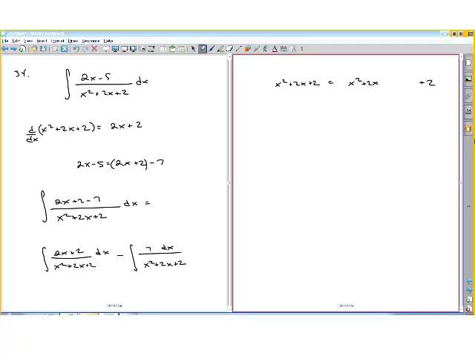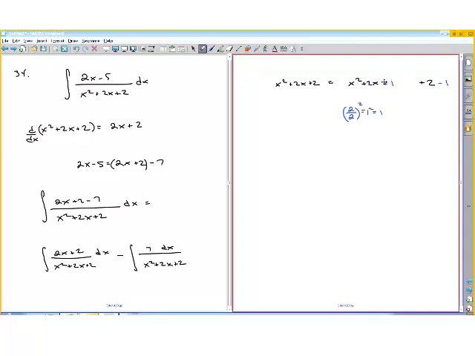So to do that, you always take the coefficient associated with the variable raised to the first power, 2. You divide by 2, and then you square that. Well, 2 divided by 2 is 1. 1 squared is 1. So I add 1 here, and I subtract 1 there. So by adding and subtracting 1, I'm not changing anything.